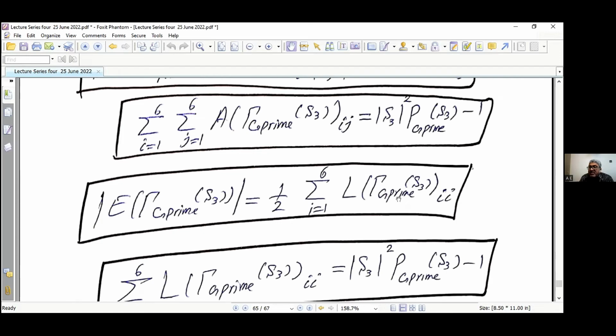But we have the formula that the sum of all degrees in a graph is 2 times the number of edges, right?